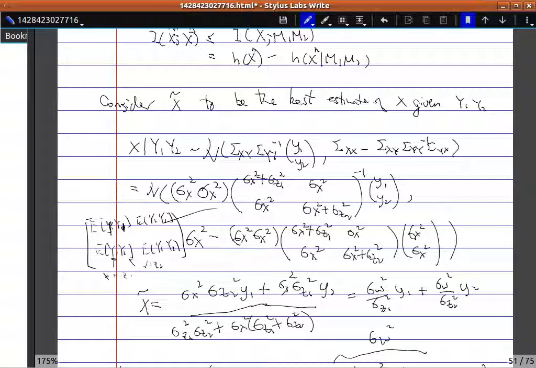That's basically sigma x squared. So therefore we have sigma y is equal to that.